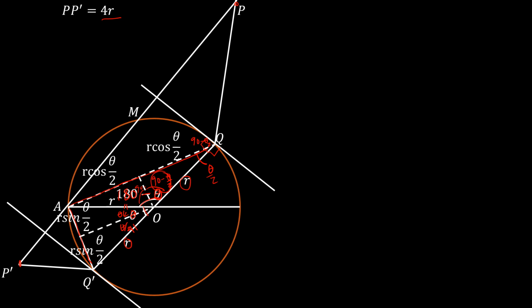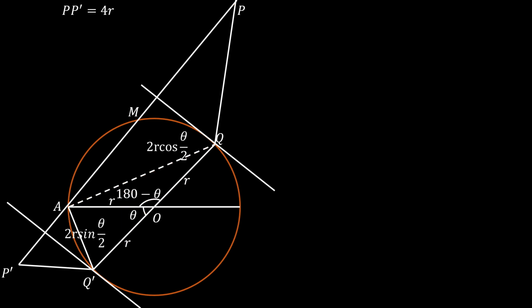Okay, so let's continue. We've already demarcated that this is 2r cosine theta over 2, 2r cosine theta over 2. And we know that this is 90 degrees, this is 90 degrees. And this is 90 minus theta over 2. And since this is going to be 90 minus theta over 2, and this is a tangent, this is going to be theta over 2.